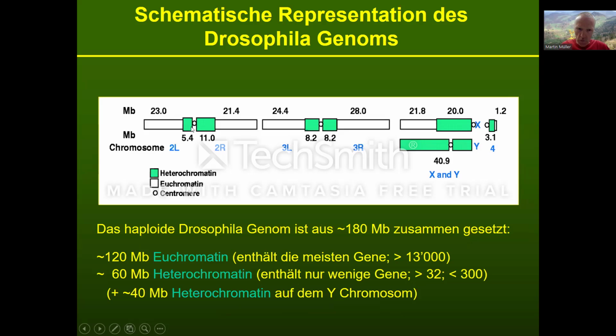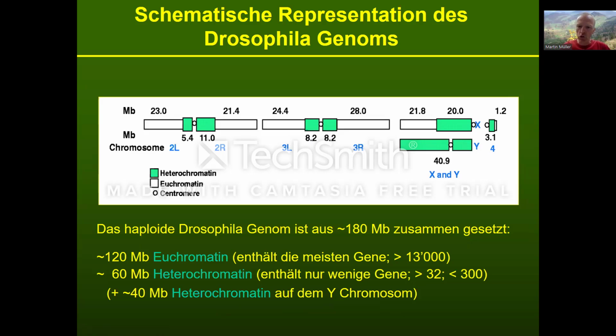This is chromosome arm 2L, chromosome arm 2R, chromosome arm 3L, 3R, and the X chromosome has only 1 chromosome arm. So there are 5 big chromosome arms which contain euchromatin, and each of these arms is roughly 20% as a rule of thumb, basically.